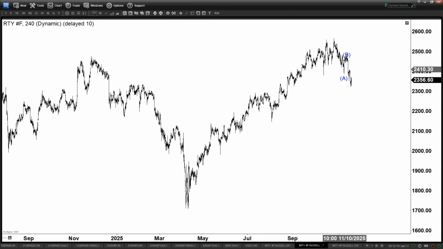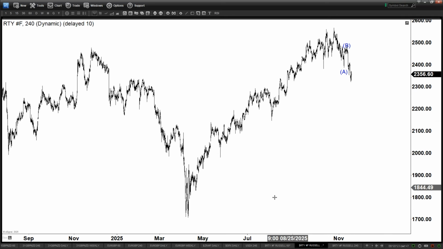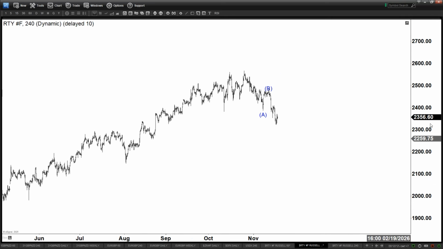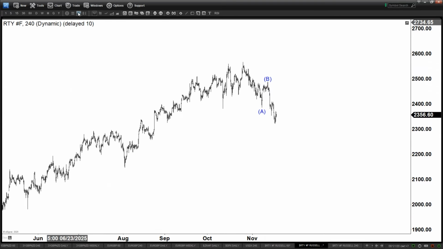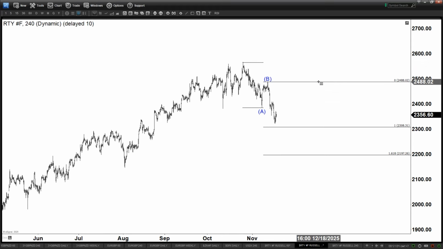So we have this AP, which is a lower low, right? AP and then another lower low. So in terms of projecting where the potential target is, very simple. If you do this AP 100%, then the potential target is this one, 2307 to 2196.